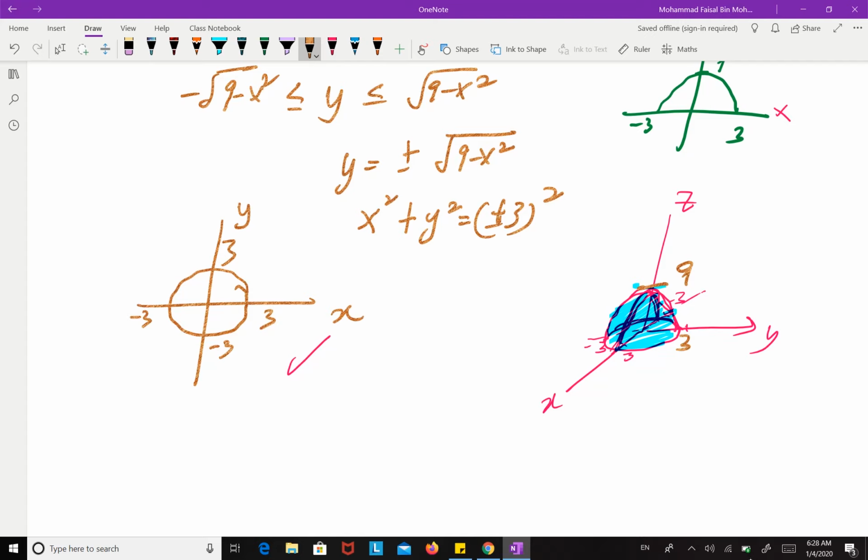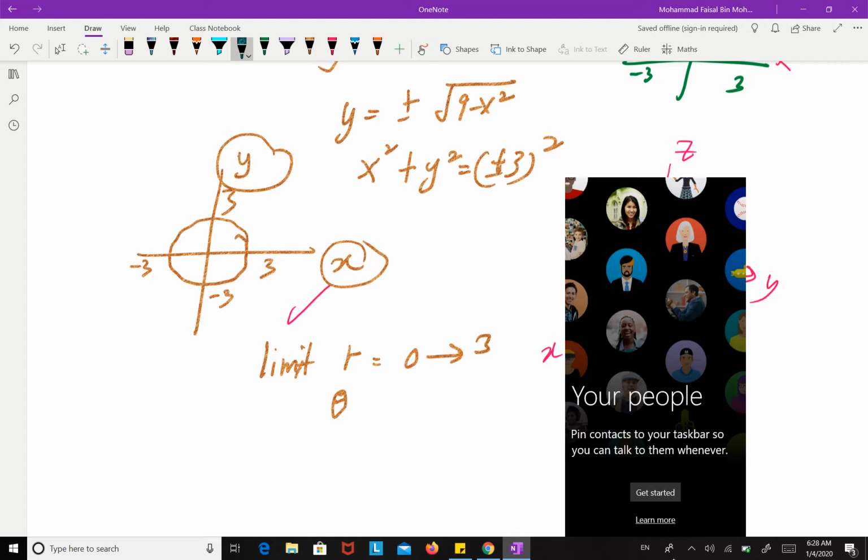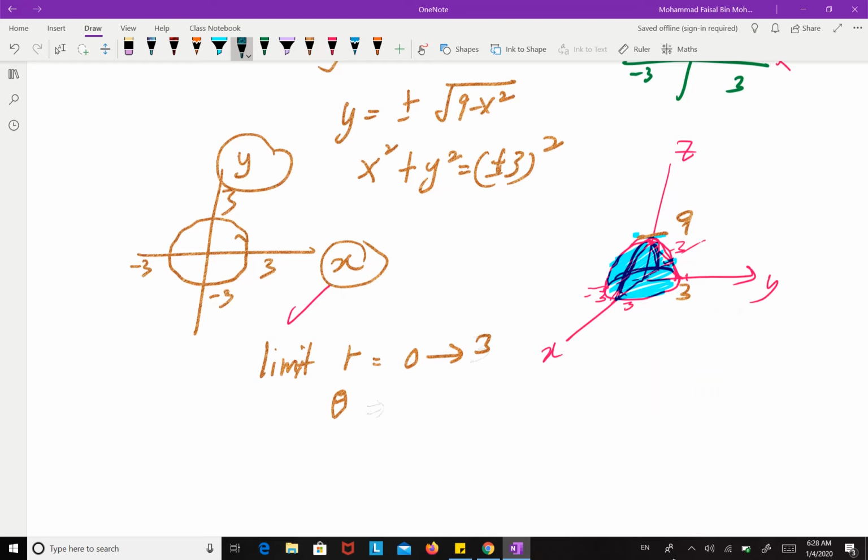Now, if you want to find the bounds for r or theta, look at the xy plane. The limit for r is for sure from 0 to 3. For theta, remember it must be in the anti-clockwise direction from the positive x, which is 0 radians to 2 pi.